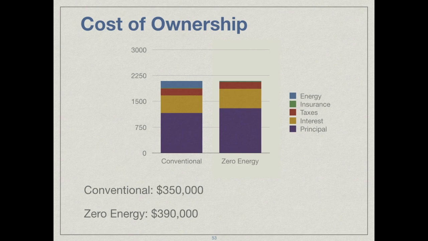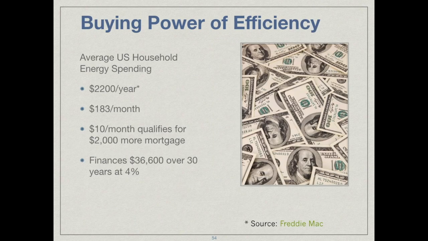One way of looking at this is that instead of paying for an expense, you're paying for an investment. You're investing in a home that's more valuable and more comfortable for you instead of just throwing the money away. So cost of ownership is about the same, and yet it's a better investment.